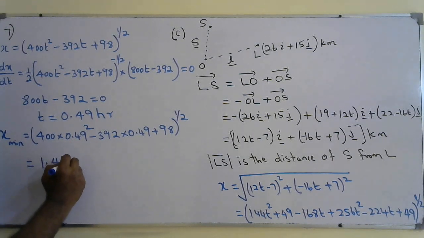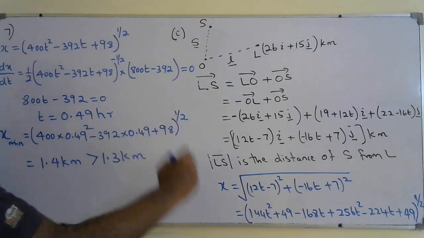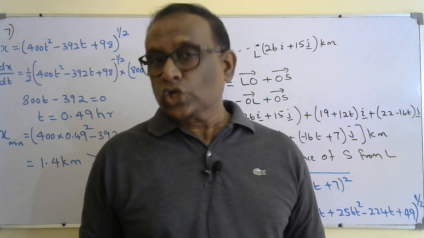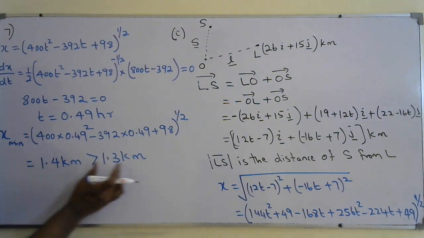You will get 1.4 kilometer, that is greater than 1.3 kilometer. So safe to continue the journey. So the closest distance of the ship from the lighthouse is 1.4 kilometer, which is more than 1.3.